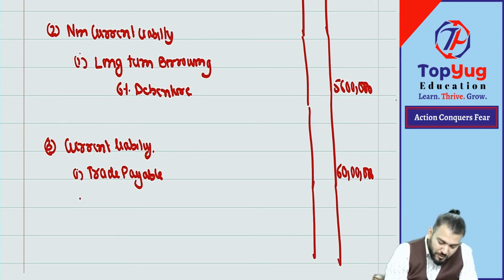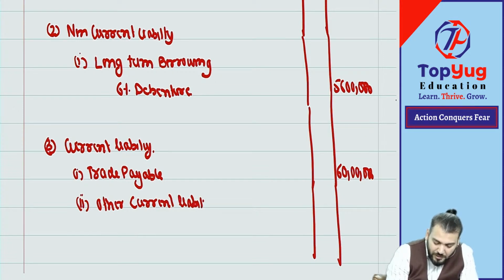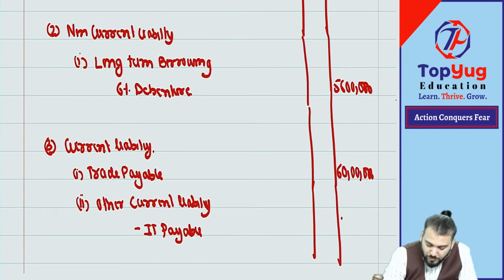60 lakh, and there is one more liability will come, that is other current liability. Other current liability, that is income tax payable. You can add on income tax payable how much? Income tax payable is equal to 3 lakh. Very simple.